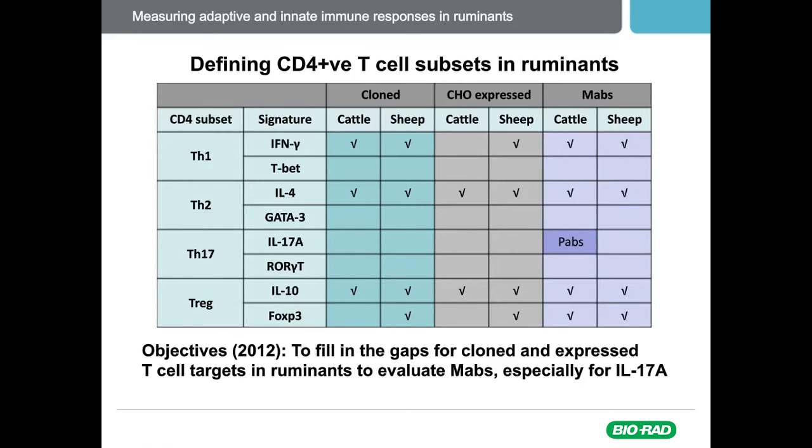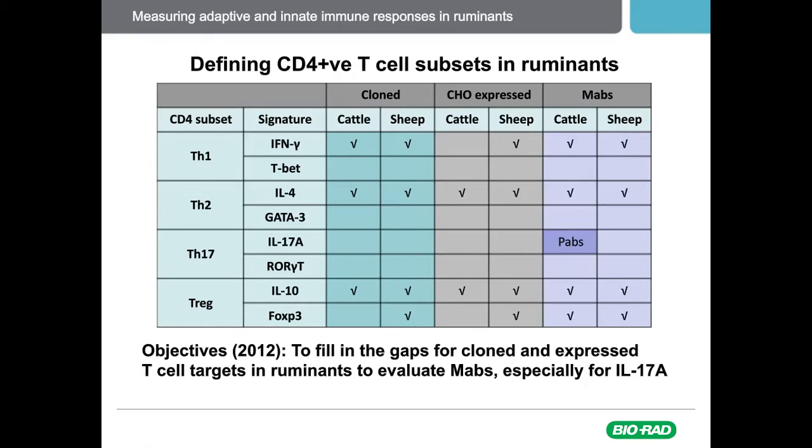And what you can see is that we had cloned the Th1 and the Th2 signature cytokines, interferon gamma and interleukin 4. We also had interleukin 10. We had expressed some, but not all of those, in CHO cells, and there were existing monoclonal antibodies.